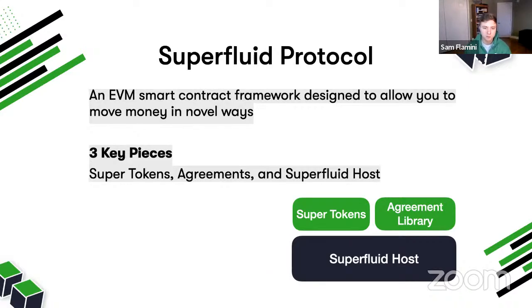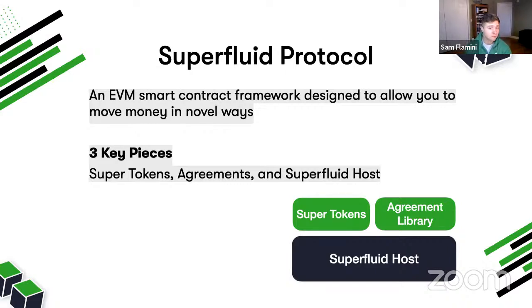So if you want to deploy your own super token, you can do that. Right? We have tooling and examples that let you deploy your own super token. In the future, we'll also likely have community members that build their own agreement contracts as well. The agreements are just a library of ways that balances can be changed.